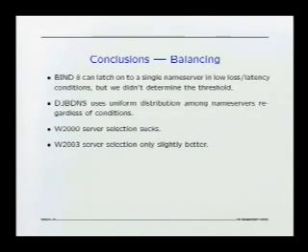DJB uses uniform distribution in all cases, ignoring TTLs, or ignoring round trip times and packet loss. Windows 2000 DNS server has a really, really bad server selection algorithm as far as I can tell. And the 2003 algorithm is maybe a little bit better, but I think could still be improved.